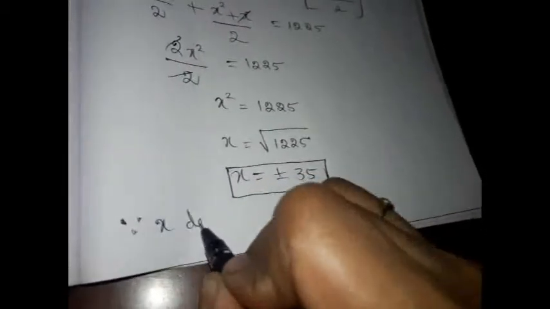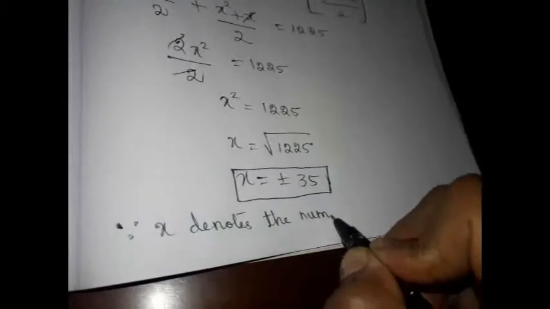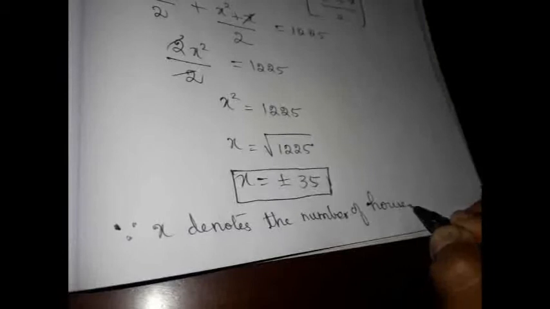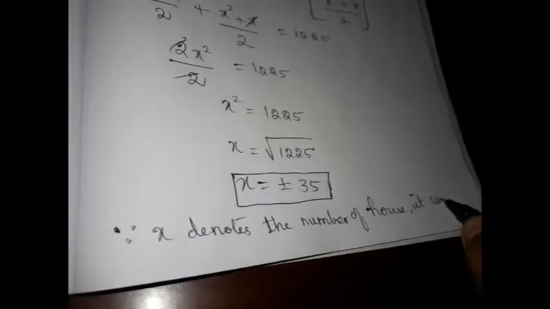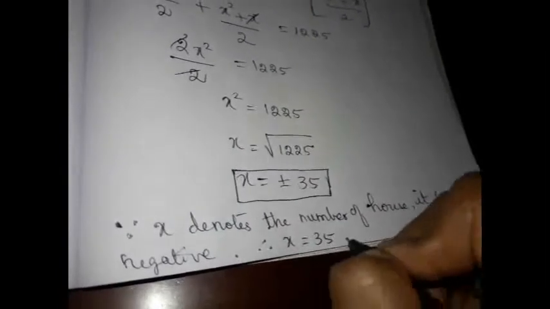But according to the question, x denotes the numbering of houses. The house cannot be numbered negative, right? Therefore, you can write, since x denotes the number of house, it can't be negative. Therefore, x equals 35.